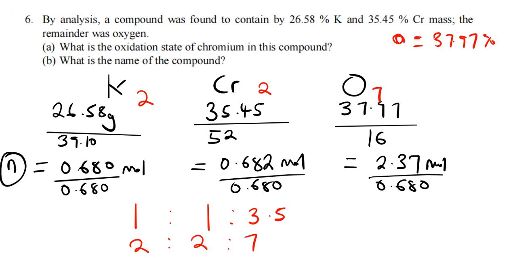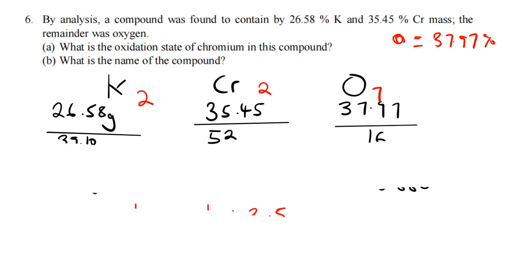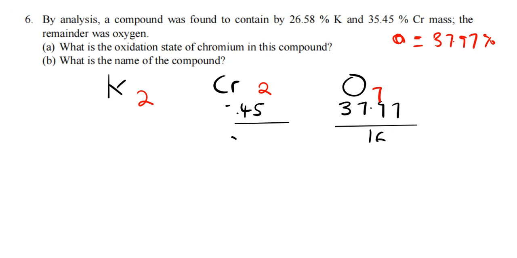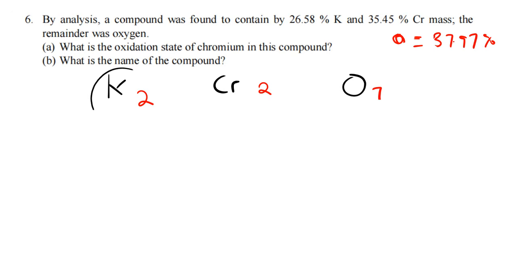Now that we've got our formula, it will be very easy to find the oxidation state. So then what do we now do? For the oxidation states in this compound, we've got potassium here.